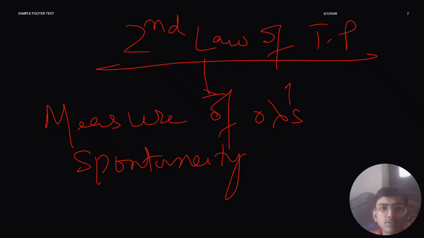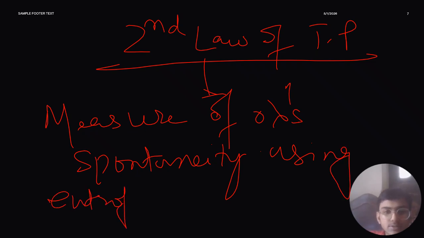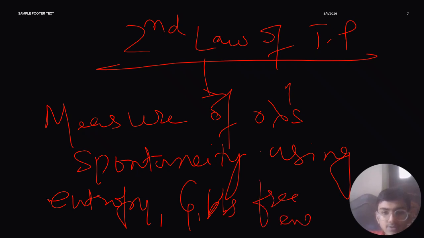So actually the second law of thermodynamics is a measure of reaction spontaneity using some terms like entropy and Gibbs free energy, right? So this is the concept.